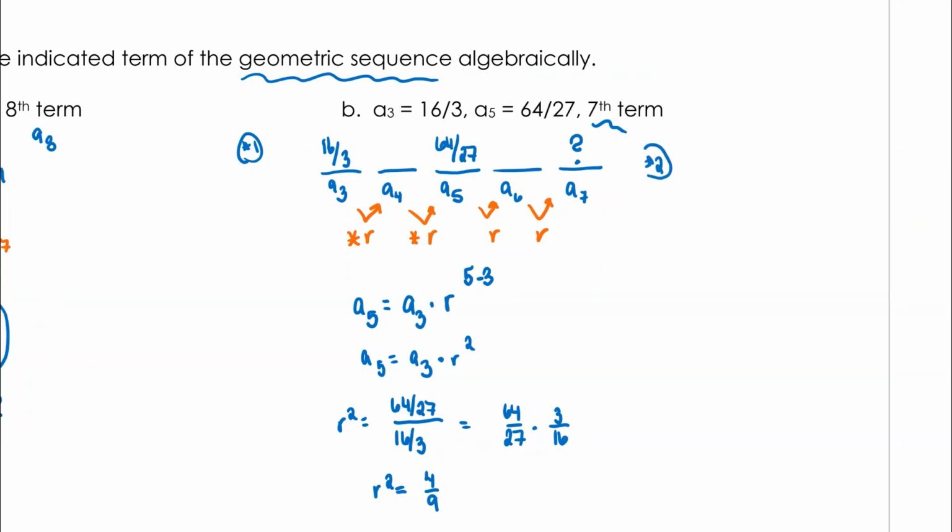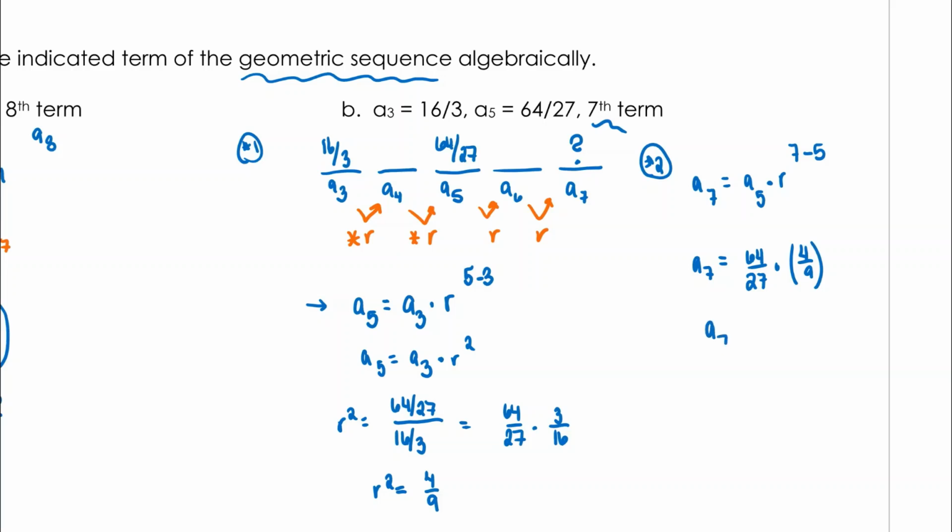All right, so step number 2 is I'm going to kind of start off how I did here. So a sub 7 is going to be the 5th term times r to the 7 minus 5. And again, we're going to get r squared from that. So a sub 7 is equal to a sub 5, which was 64/27, times r squared, which we've already identified as 4/9.